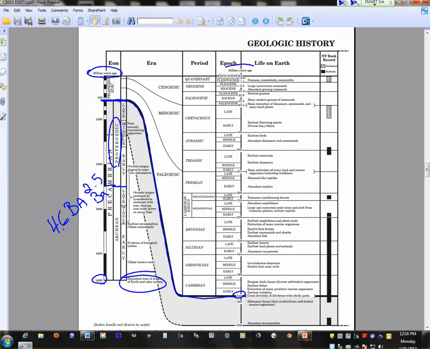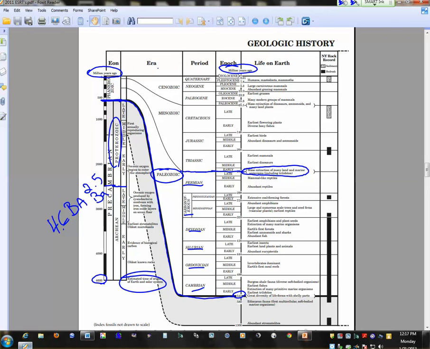Now it does say million years ago up here. Moving up through the periods of the Phanerozoic eon, we have the Cambrian, the Ordovician, the Silurian, the Devonian, the Carboniferous, and the Permian. The Permian ends when the Paleozoic era ends because of a mass extinction of many land and marine organisms, including trilobites.